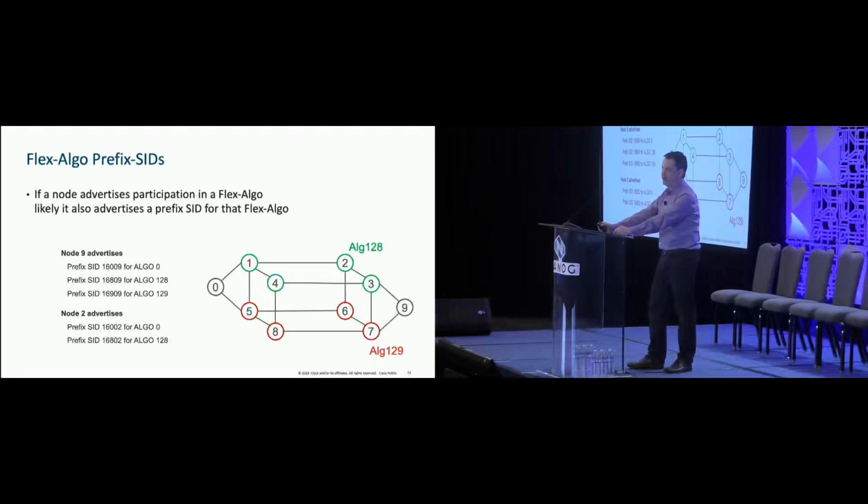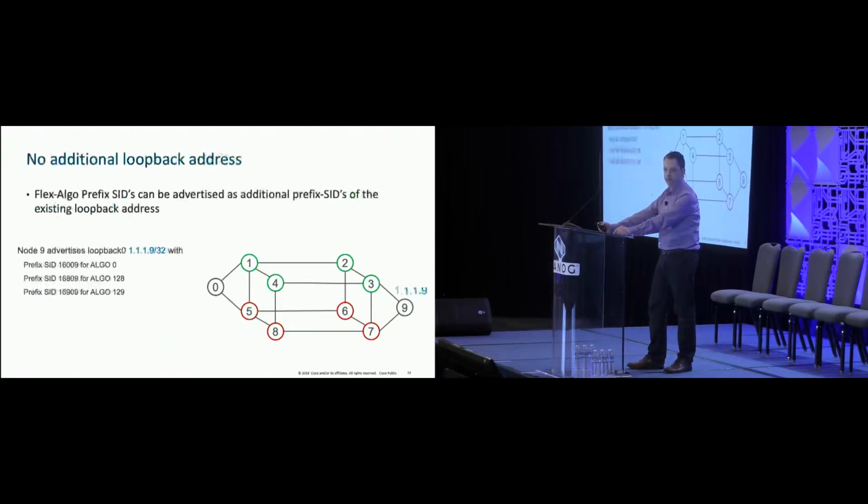And when I say labels, I mean labels associated to what? To a single prefix. So if you look, router 9 has 1 loopback, 1.1.1.9, and multiple labels advertised for that loopback. The same label numbers I told you in the previous slide.